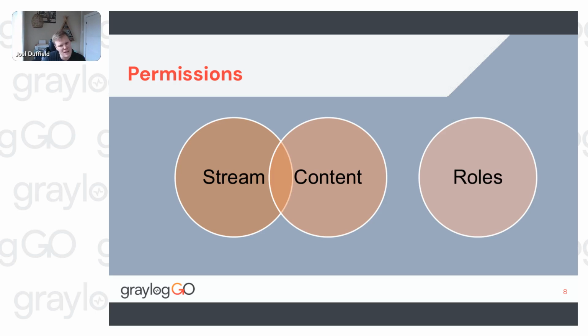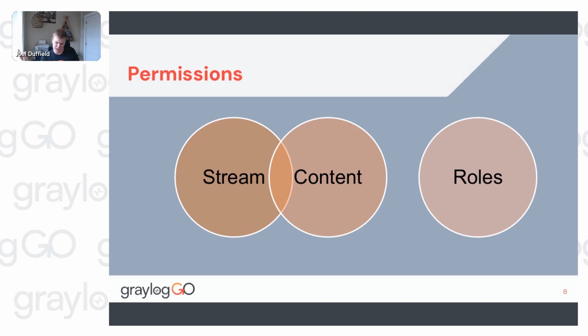So we're going to give someone read-only access to this particular stream that messages have been routed into. We can also give them access to content, being saved searches, dashboards, all of those kinds of things you've built inside Graylog. But the permissioning on both of these will work together.